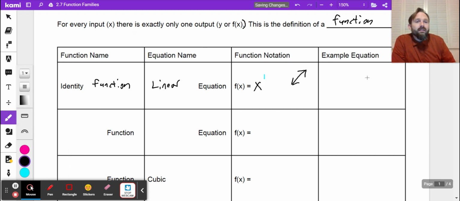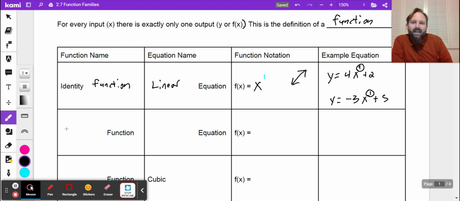So anything that has the highest degree of the first power is going to be a linear equation, or an identity equation. It could be y is equal to 4x plus 2, or even negative 3x minus 5. It could be plus 5. It doesn't matter. We look at the degree. This one would be 1. This one would be to the first power.